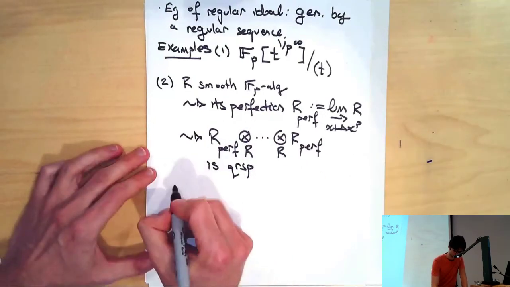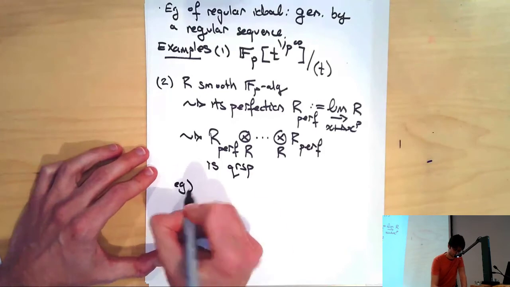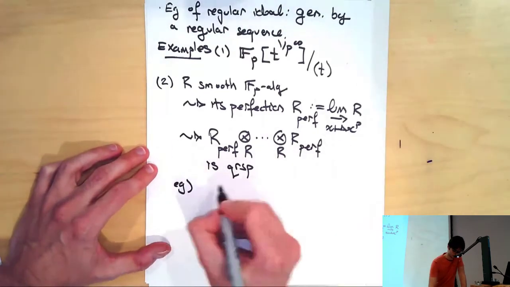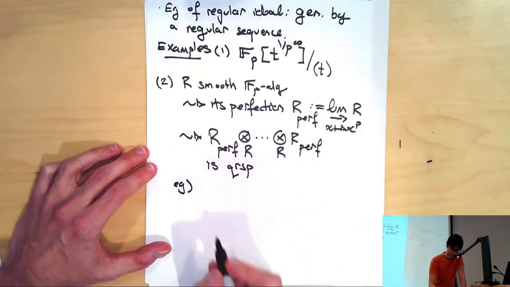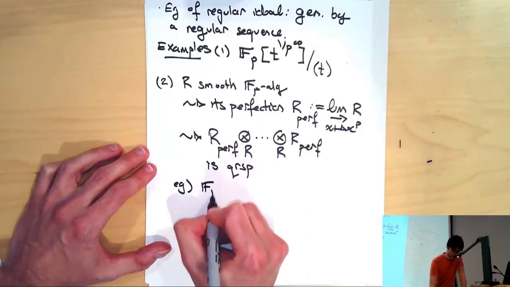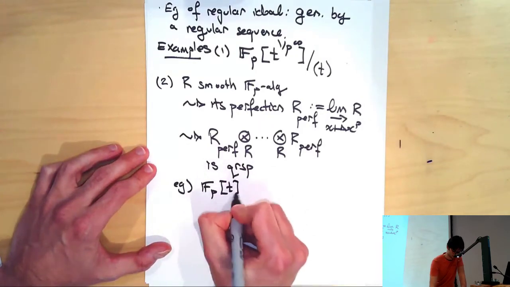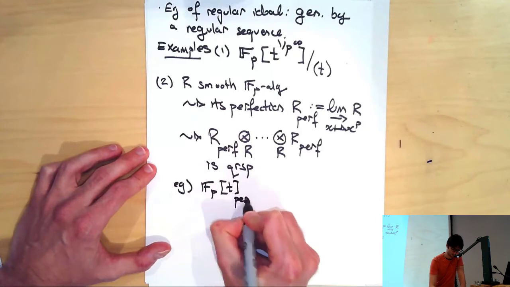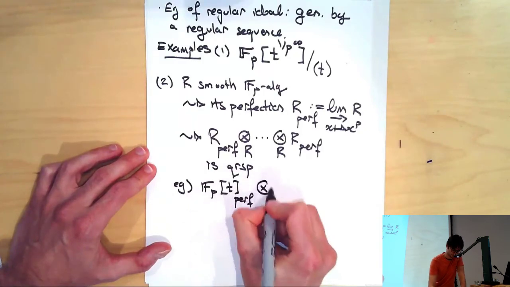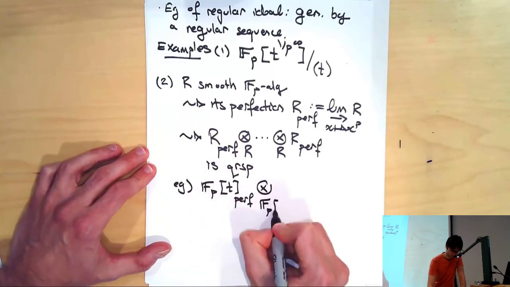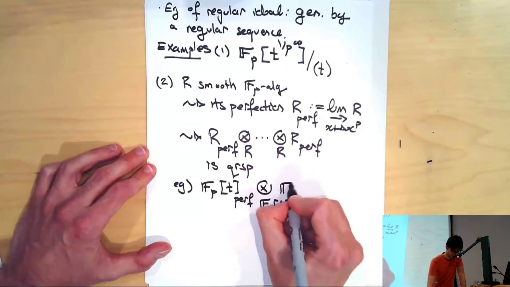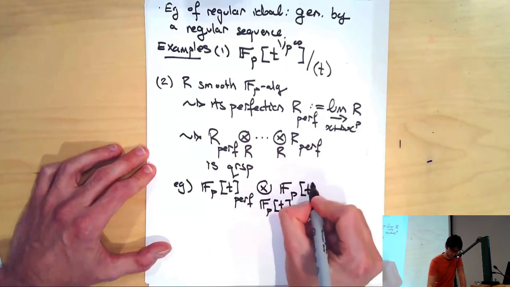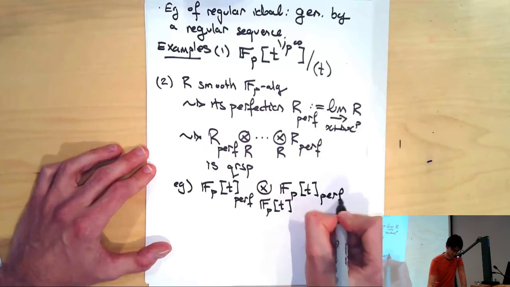So here's an example, which I hope will convince you that it's true. Now what's our favorite smooth FP algebra? Let's just take FPT, and perfectify it, and tensor it over FPT with another copy of FPT perfectified.